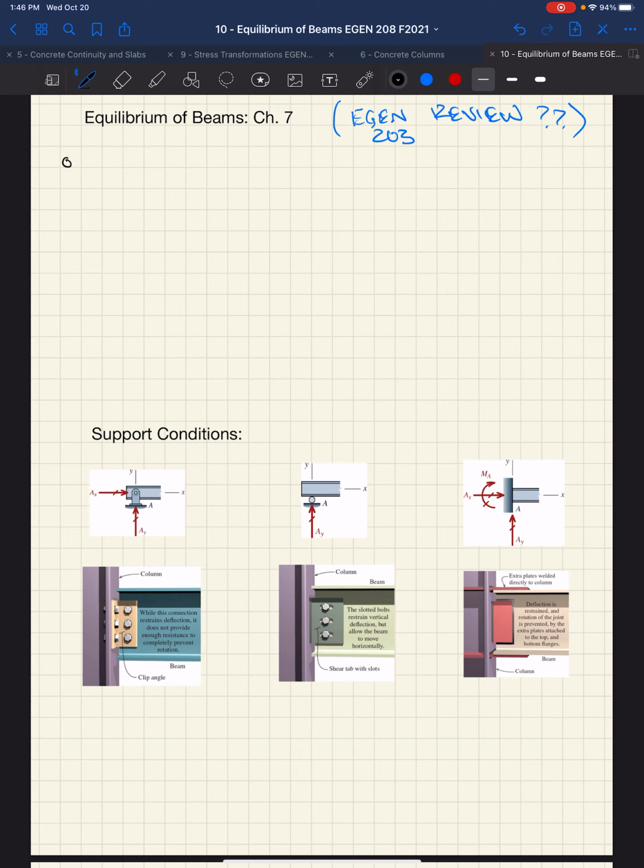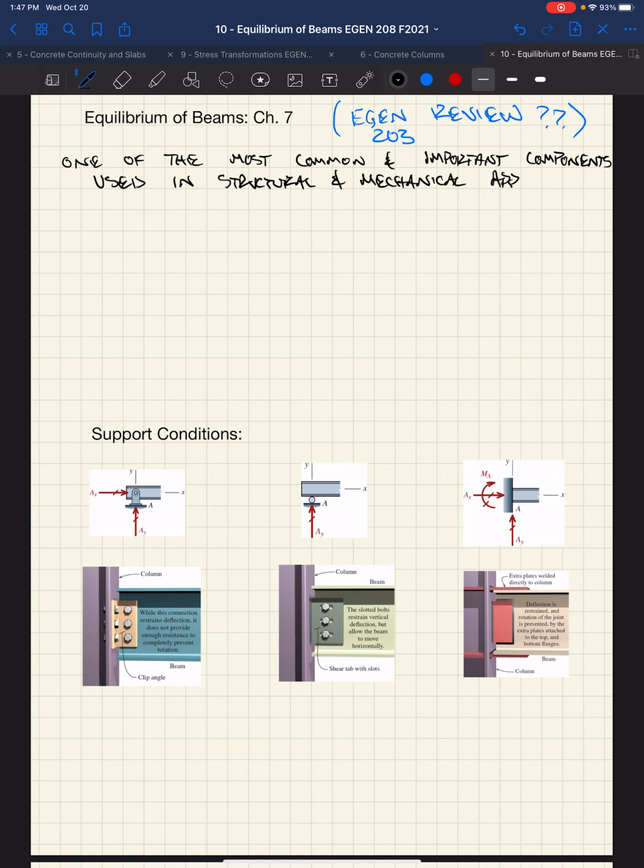Well, like I just said, it's one of the most common, important components used in structural and mechanical applications.